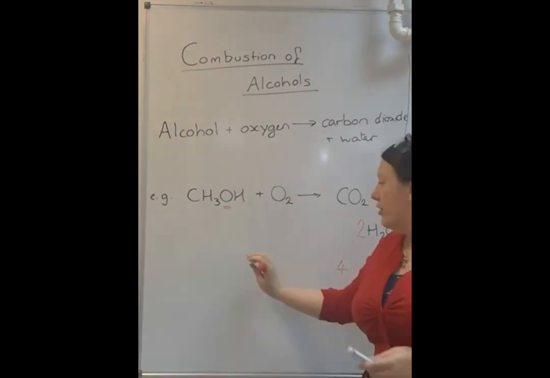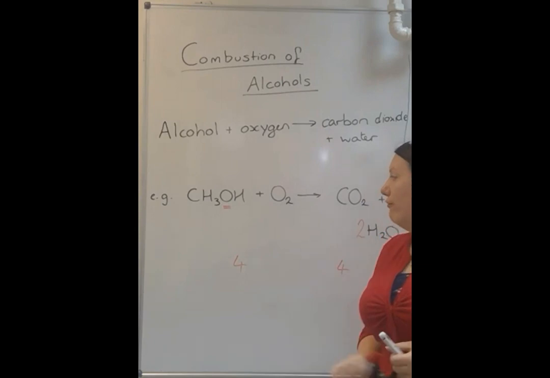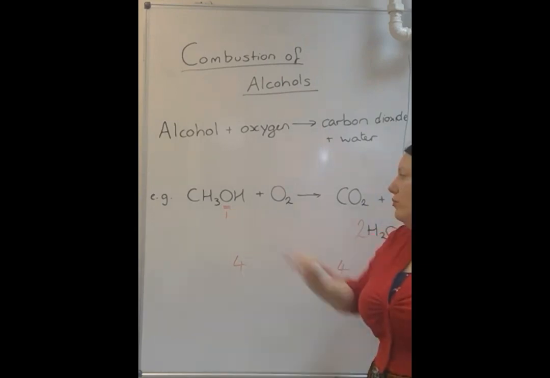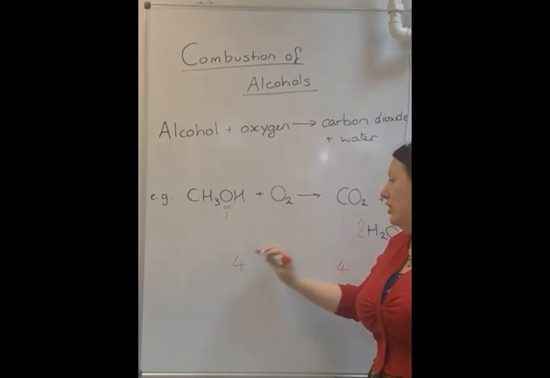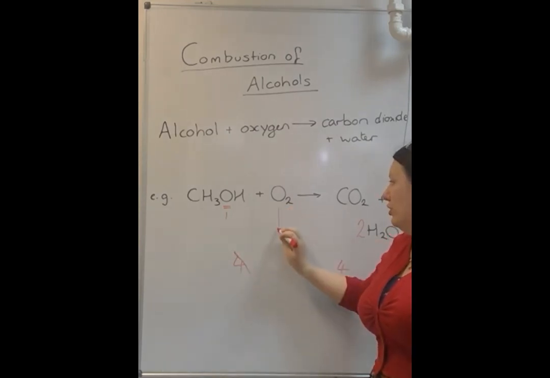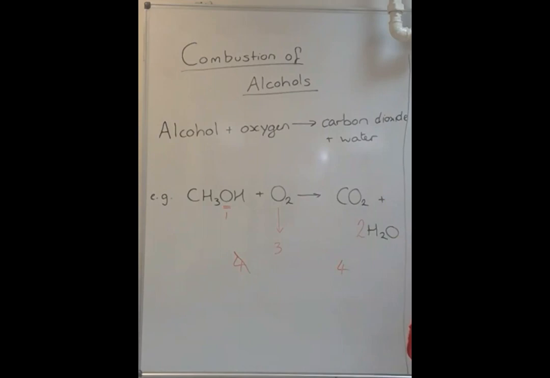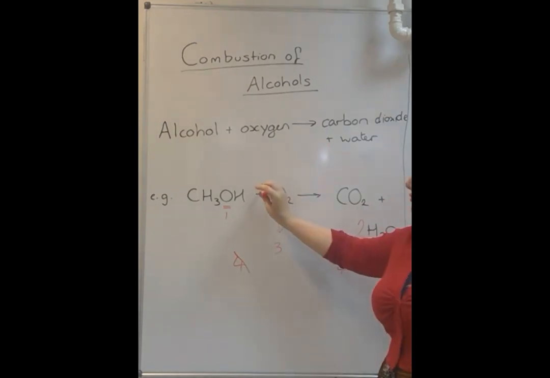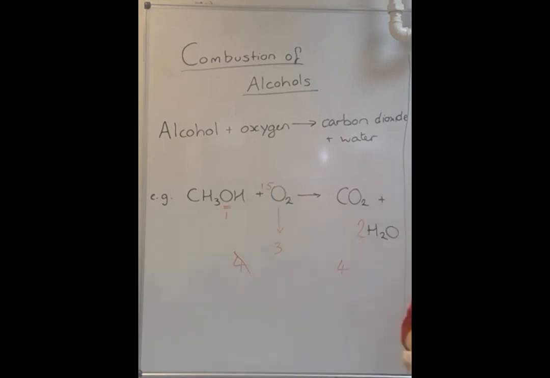We need to make it so that there are also 4 on the left-hand side. One of them is already there. So actually from this oxygen, we want there to be 3. It's O2, and therefore that number will be 1.5, or 3/2.